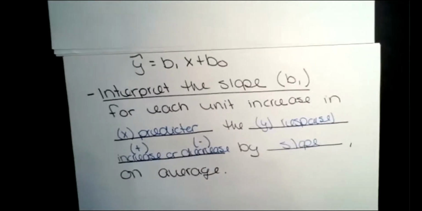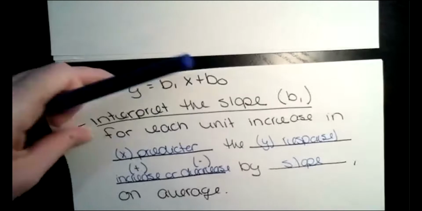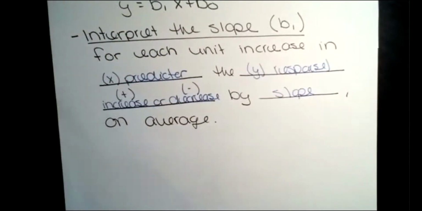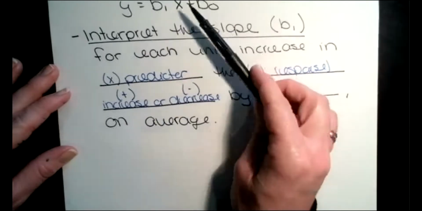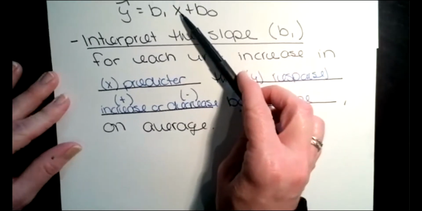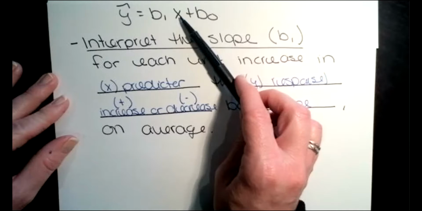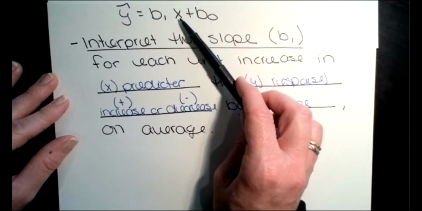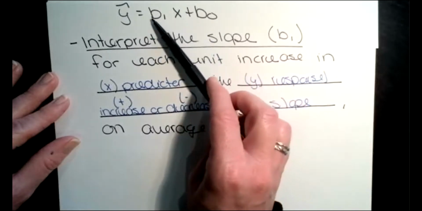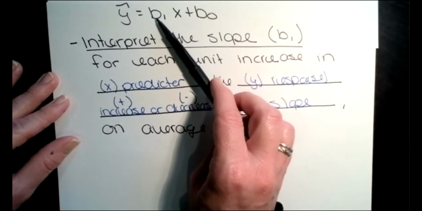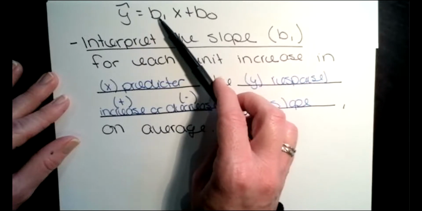This is the interpretation of the slope of my line, and you don't have to say exactly what I say. I'm just giving you an idea. I'm normally pretty specific. If we're talking about temperature in degrees, I'll say for each degree increase in temperature, Y will increase or decrease.